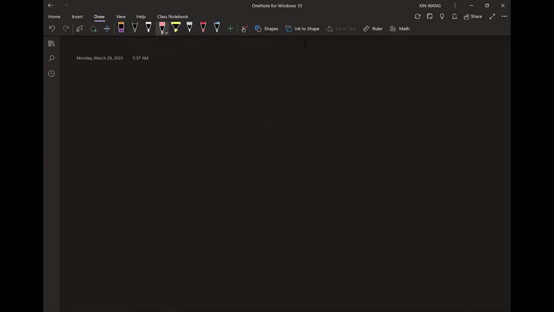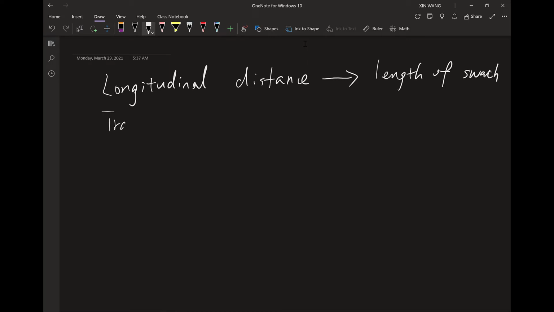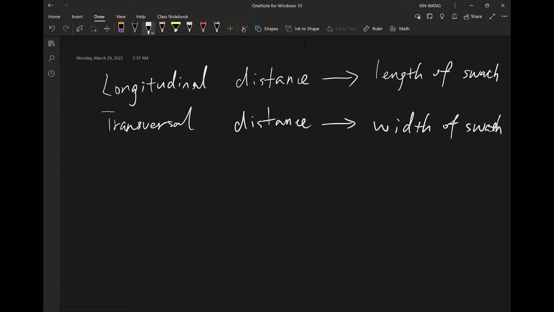We can observe that the longitudinal distance is related to the length of the swath, and the transversal distance is related to the width of the swath. Let's consider the L1 norm distance. For the L1 distance, consider a swath with points evenly distributed in it.